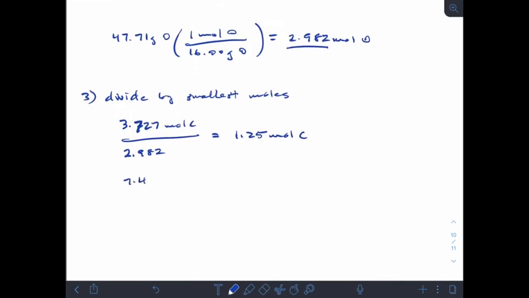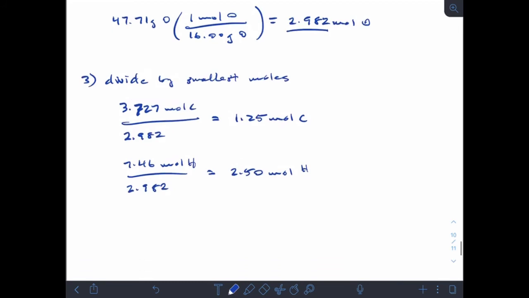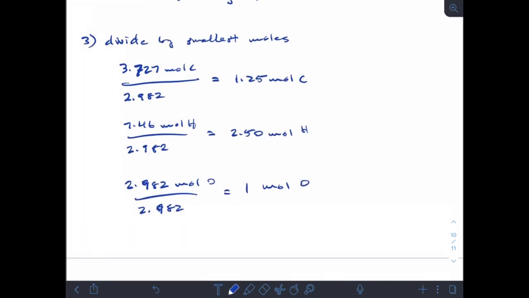My hydrogen, 7.46, divided by 2.982 gives me 2.50. And of course my 2.982 moles of oxygen divided by itself is 1. Okay, so I don't have whole numbers.